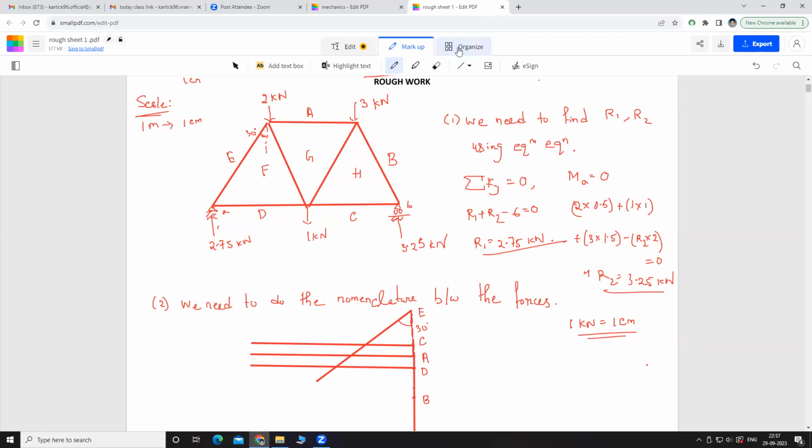So from B, just draw that line. From B, so 60-degree from B. Actually, what you can do, what will be the better understanding?